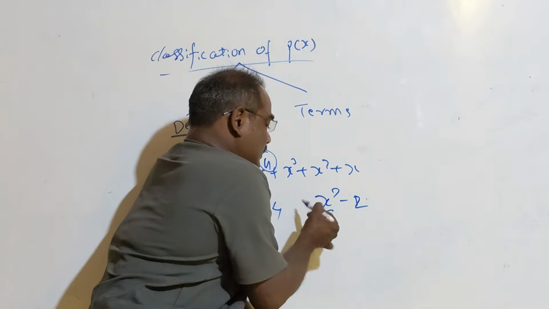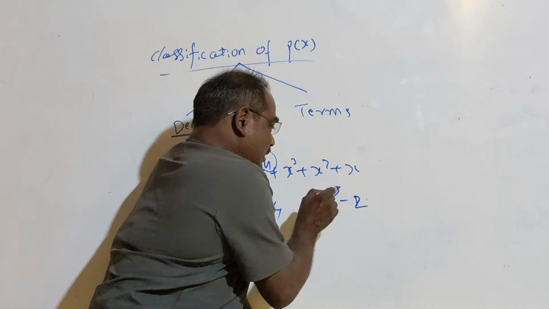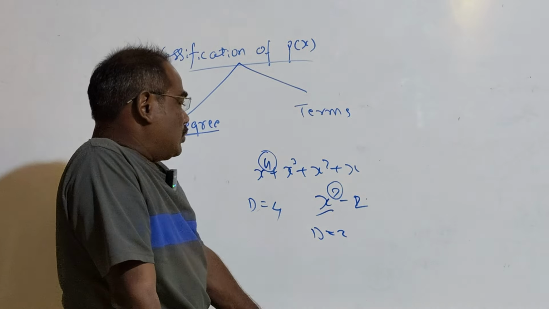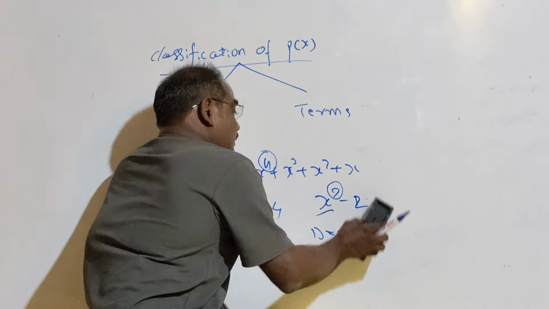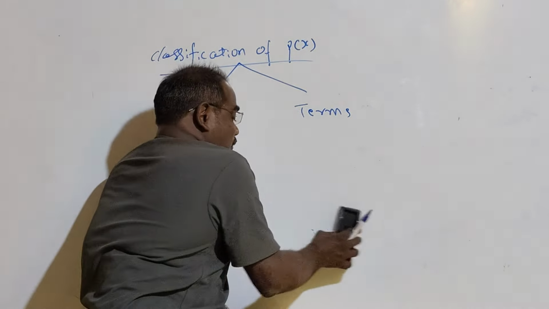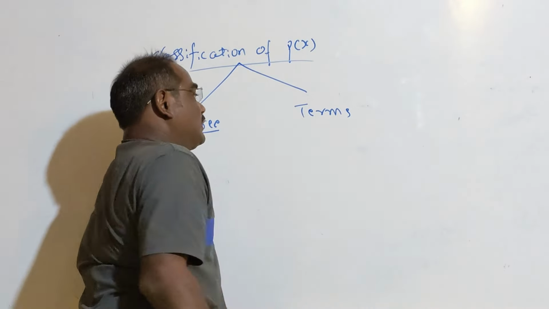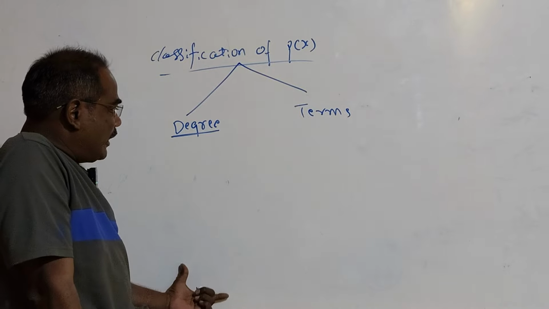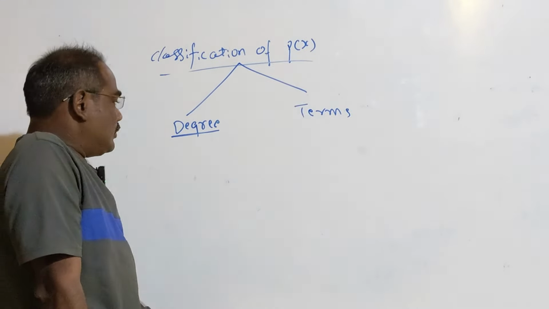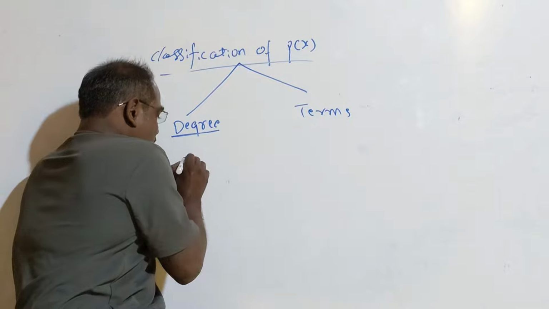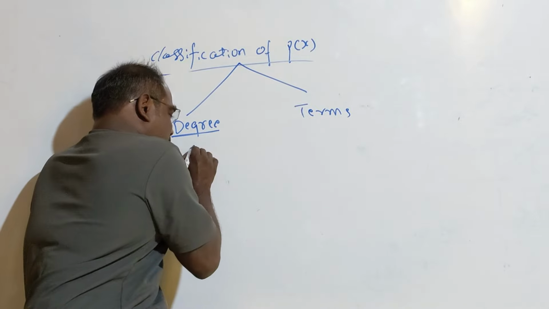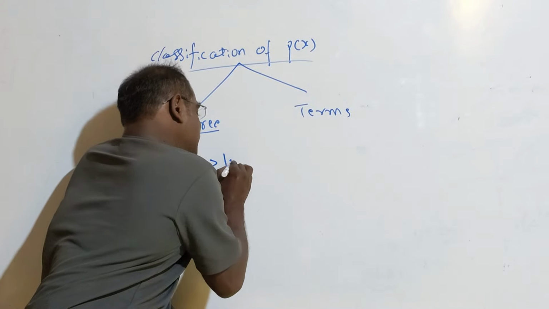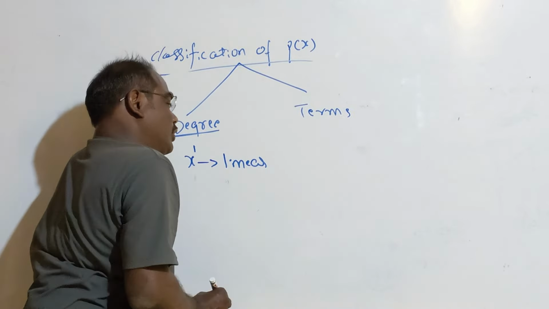Here the variable is x, the highest power of the variable is 2, hence the degree becomes 2. Now you know what is meant by degree. On the basis of degree we have the classification of polynomial. If x power is 1, this is a linear polynomial.